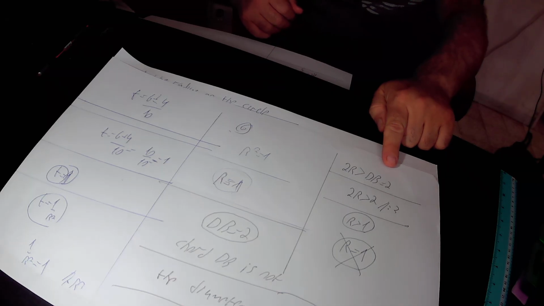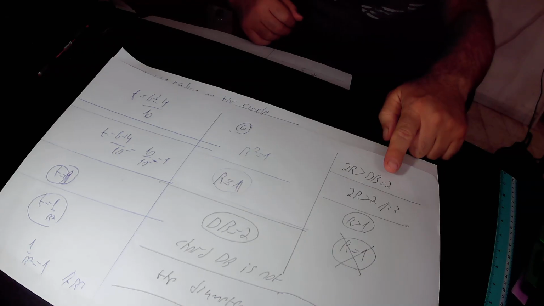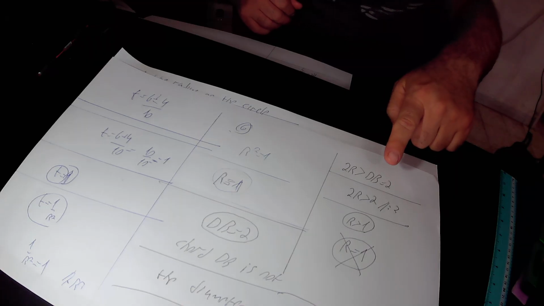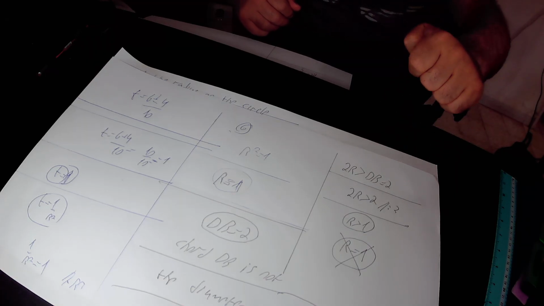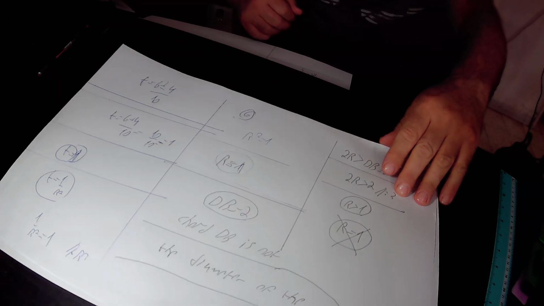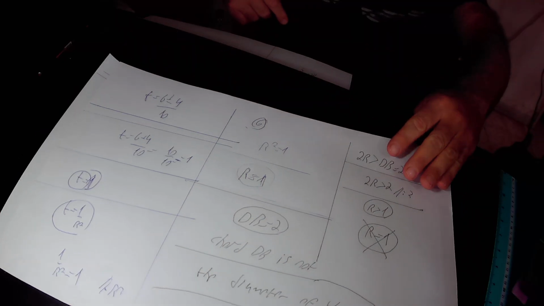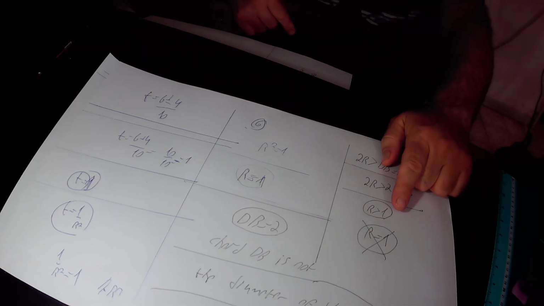And DB equals 2, and from this we derive that 2r is greater than 2. We divided this inequality by 2 and finally found out that the radius r of the circle must be greater than 1. If the radius r must be greater than 1, then the radius cannot be equal to 1.